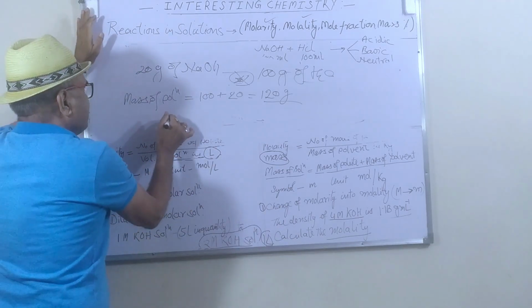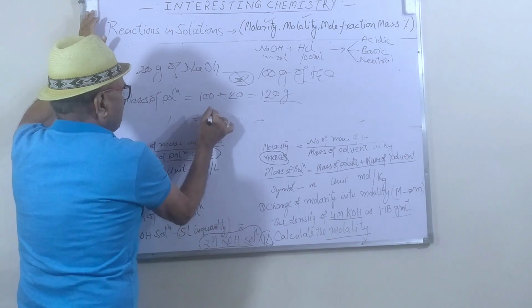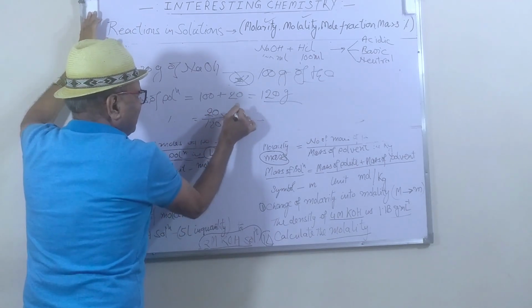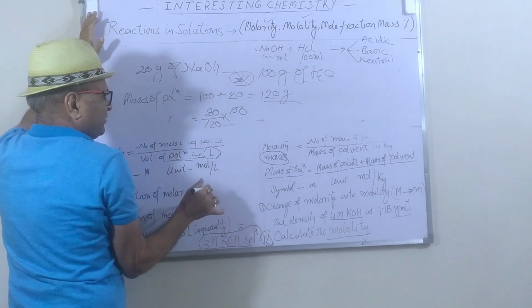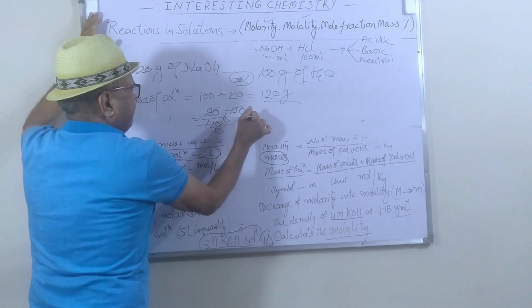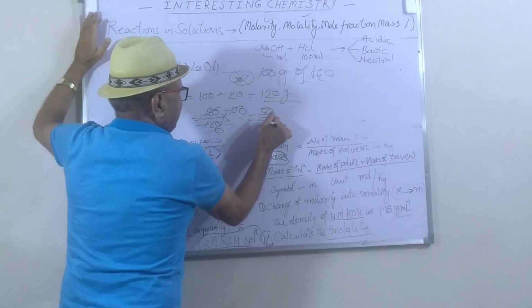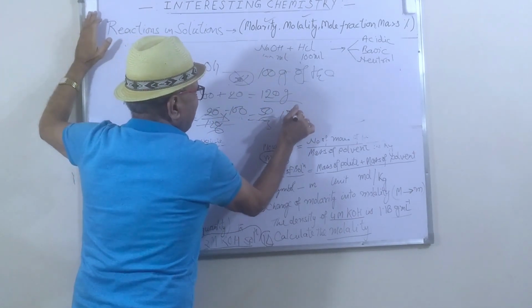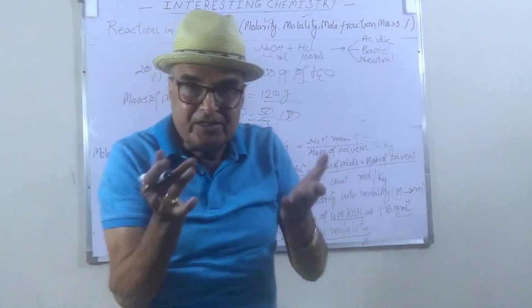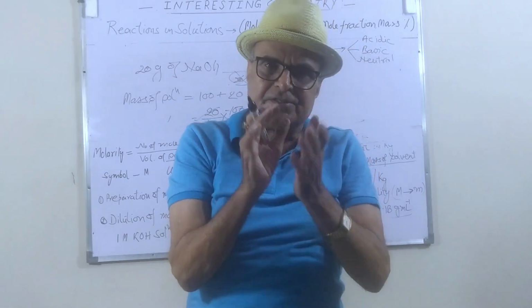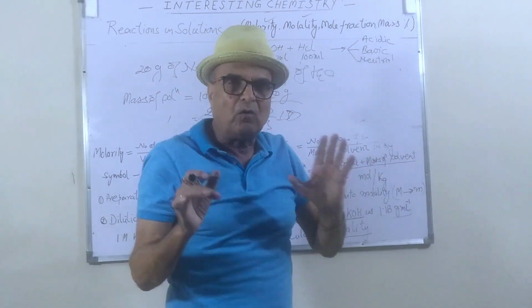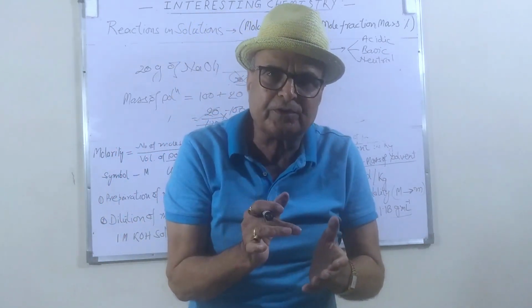So the percentage of NaOH will be 20 upon 120 into 100, which is about 17.3. In this way you can calculate. This is the mass percentage of the solute.